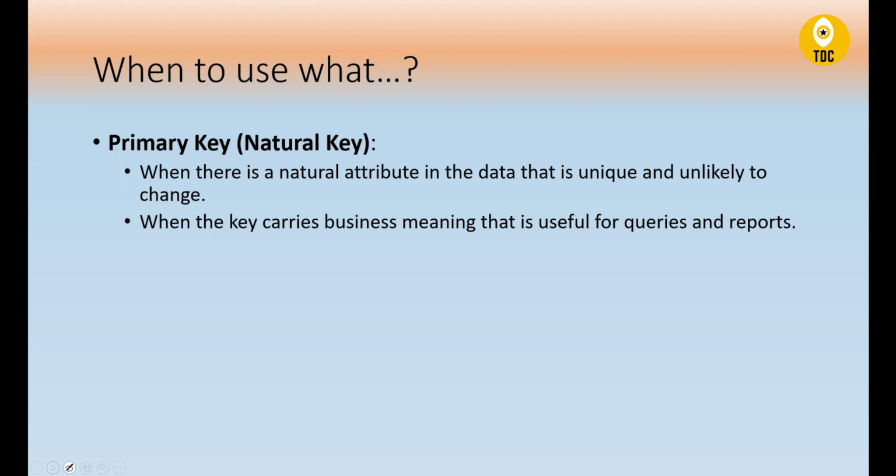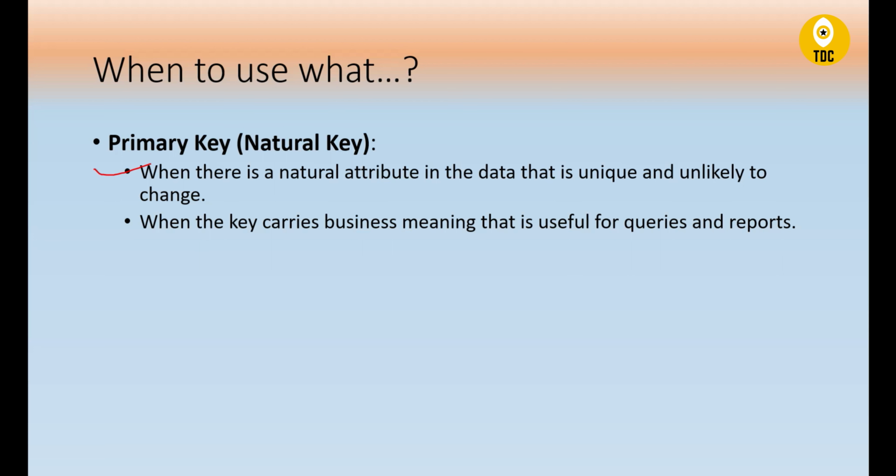Let's take the example of a library management system where you have a books table, and that books table has a book ID, right? If the book ID is unique in that book table and unlikely to change, in that case you can consider the book ID as a primary key.